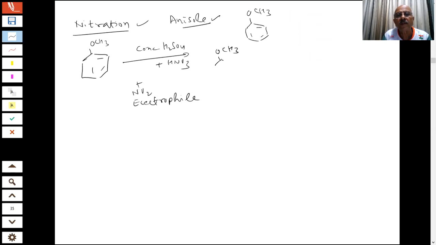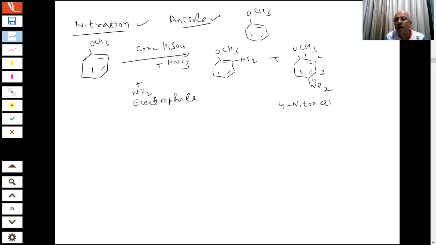And what products will be obtained, students? This is my aromatic ether. The NO2 group will come at ortho, or the NO2 group will come at para position, students. So you are getting two products. 2-nitroanisole and 4-nitroanisole. This will be the major product, and this will be the minor product.